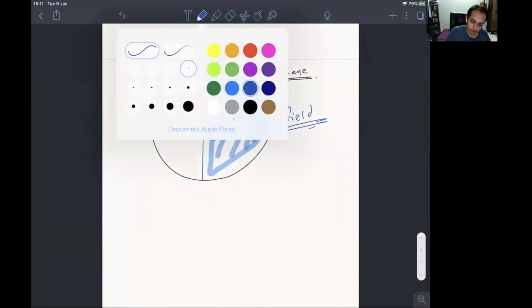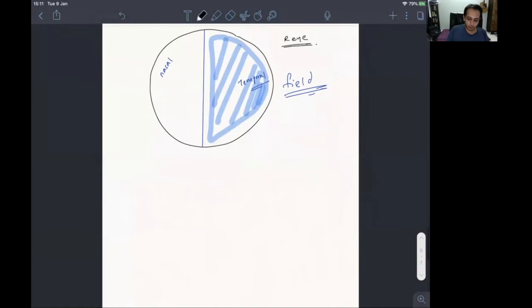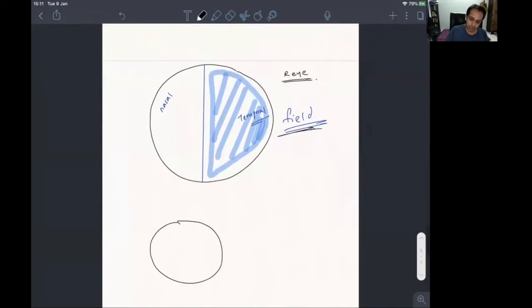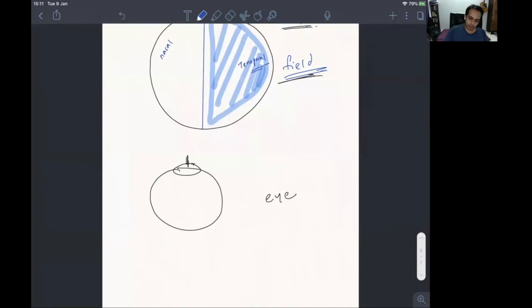then the lesion can be anywhere from your retina onward. So suppose this is your eye and this is the field. This temporal field, the light rays, will end up on this side of the retina, that is the nasal side of the retina.